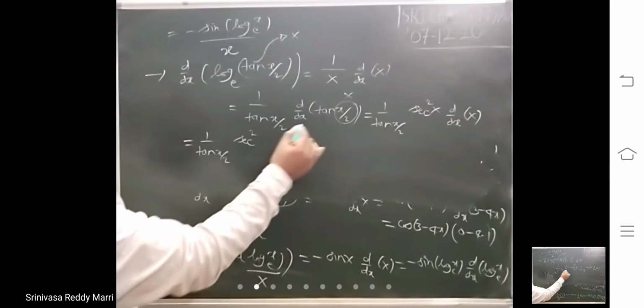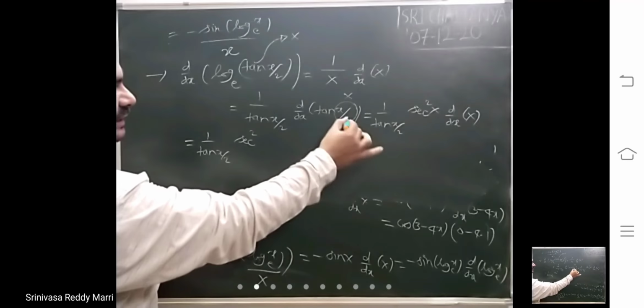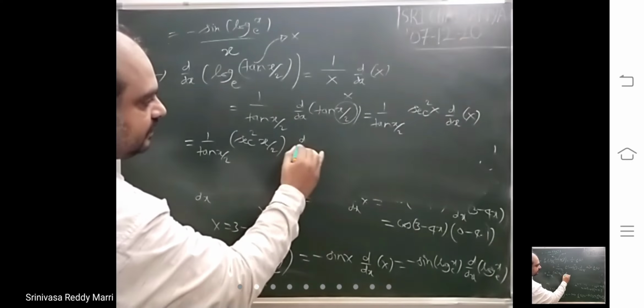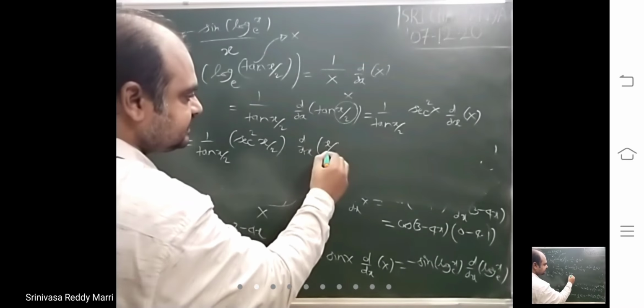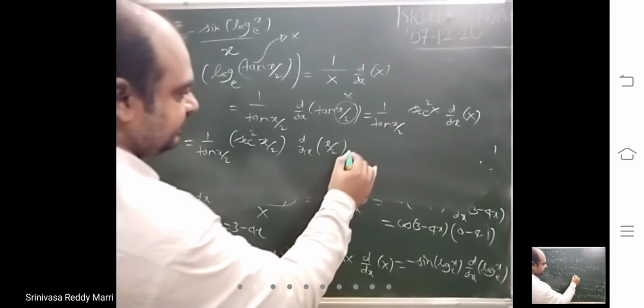Secant square of x by 2 into d by dx of x by 2. Now what is the derivative? 1 by 2 into 1. That is over.